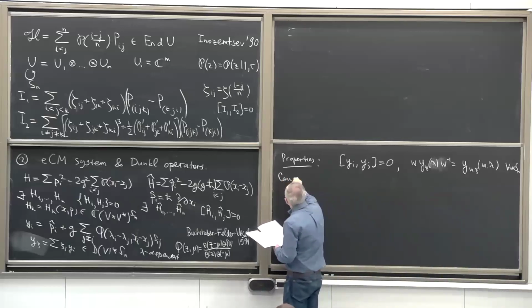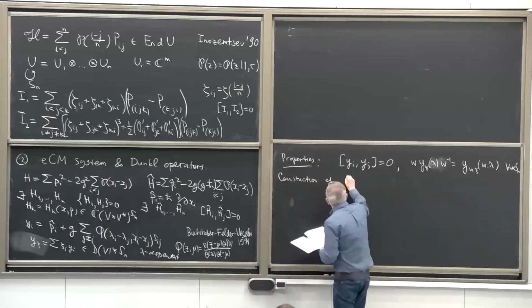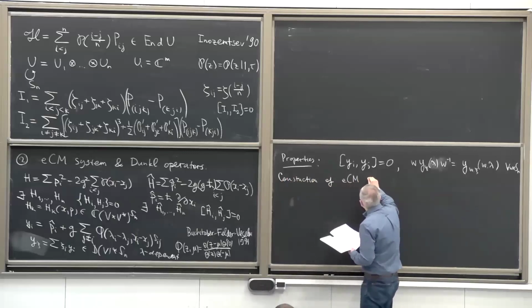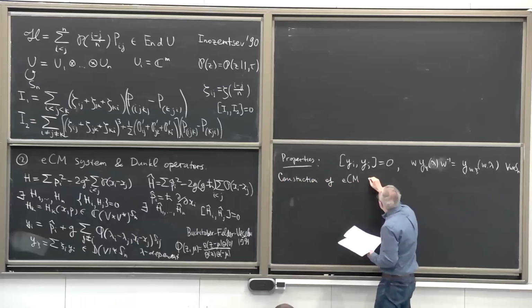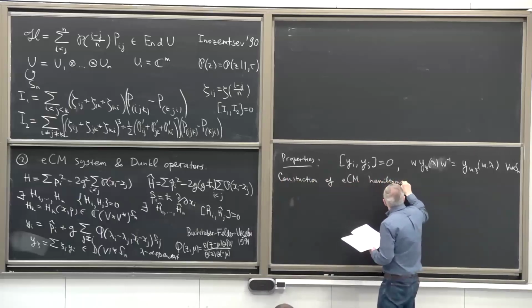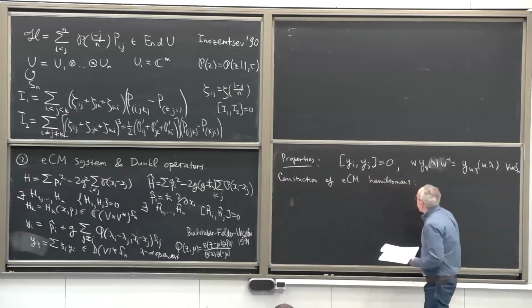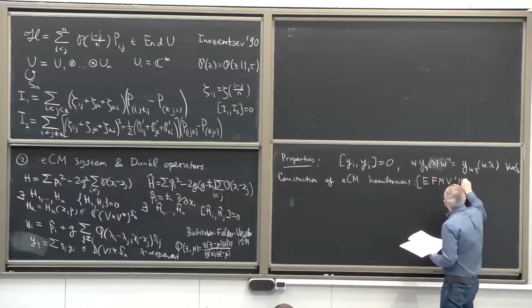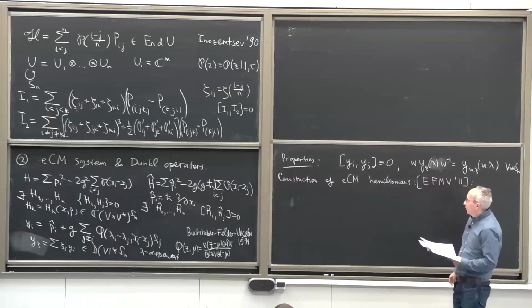So the solution to that, the construction of elliptic holomorphic Hamiltonians, was found by Etingof, Felder, Ma, and Veselov.